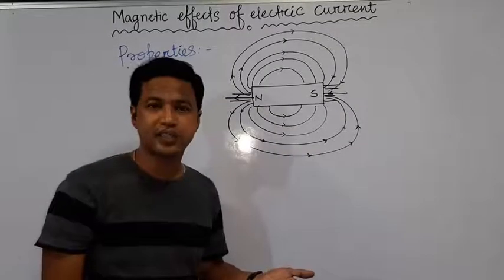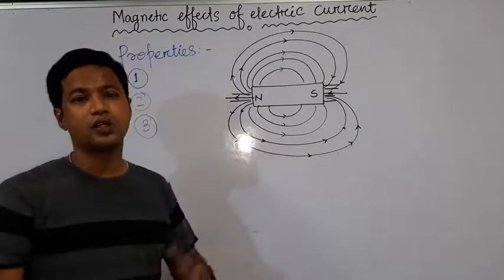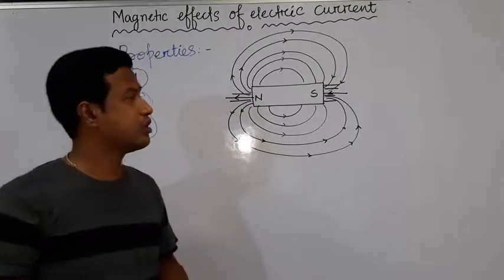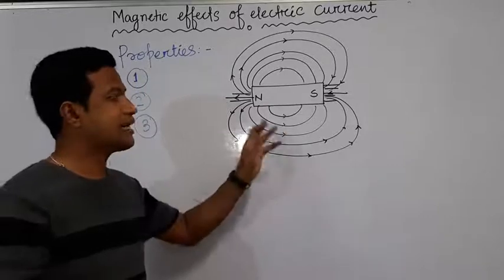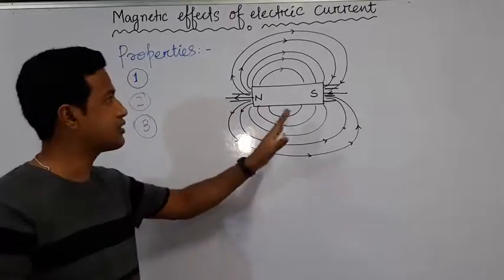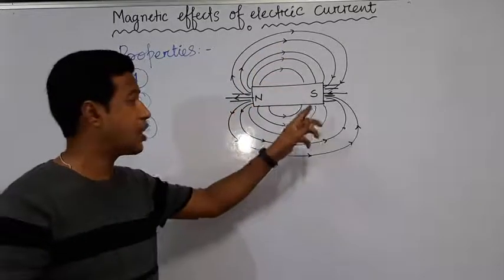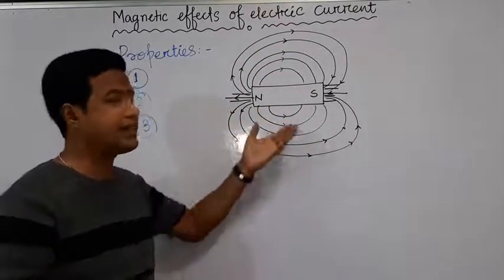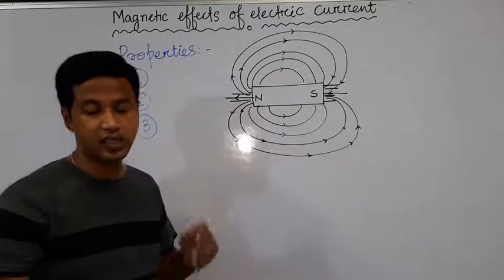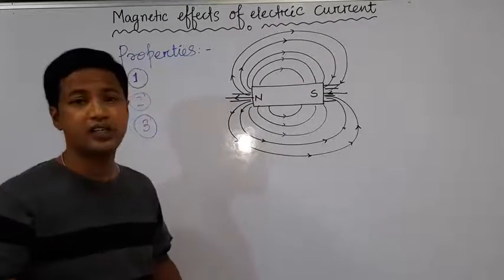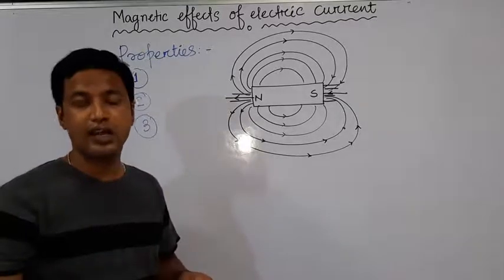If they intersected, there would be two directions at the point, and that is not possible for magnetic lines. So always remember, magnetic lines never intersect each other. This is point number 3. By this, you can easily understand what magnetic field lines are.